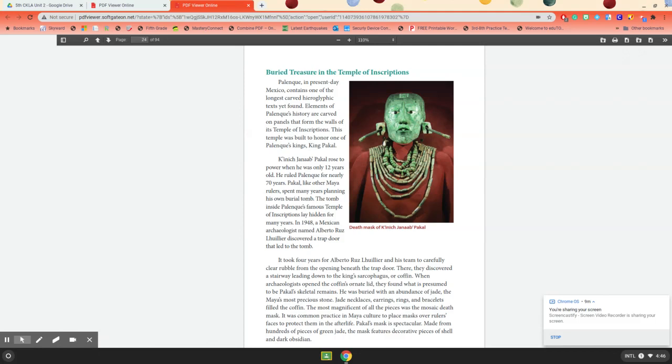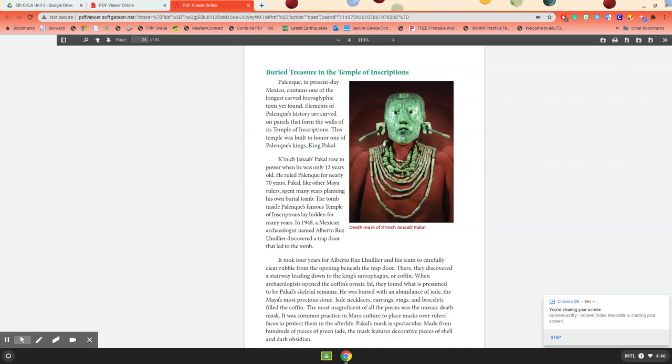Now, what are some of the reasons that the Temple of Inscription in Palenque is famous? Why would you think that? Well, it does have one of the longest hieroglyphic texts dealing with the history of the area.